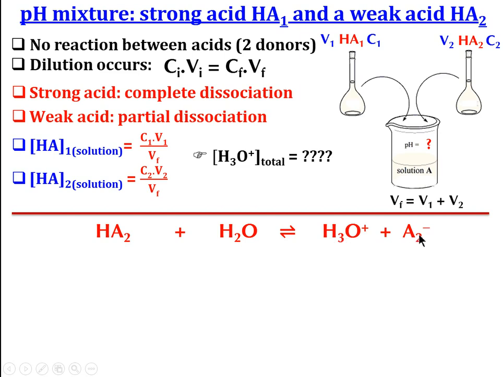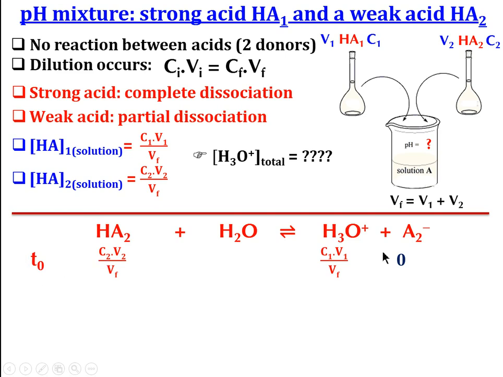H3O+ and A2-. At t equals 0, the initial concentration of HA2 equals C2 V2 divided by V final. At t equals 0, the concentration of H3O+ is not equal to 0, since, with the weak acid, initially we have a strong acid of concentration C1 V1 divided by V final.